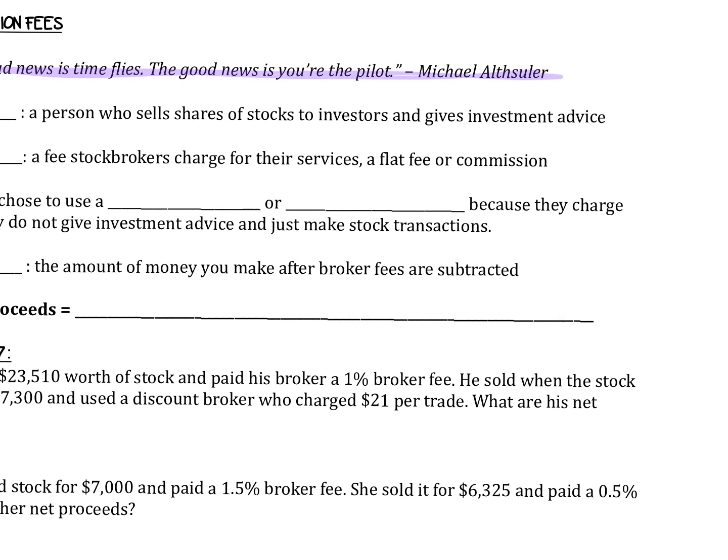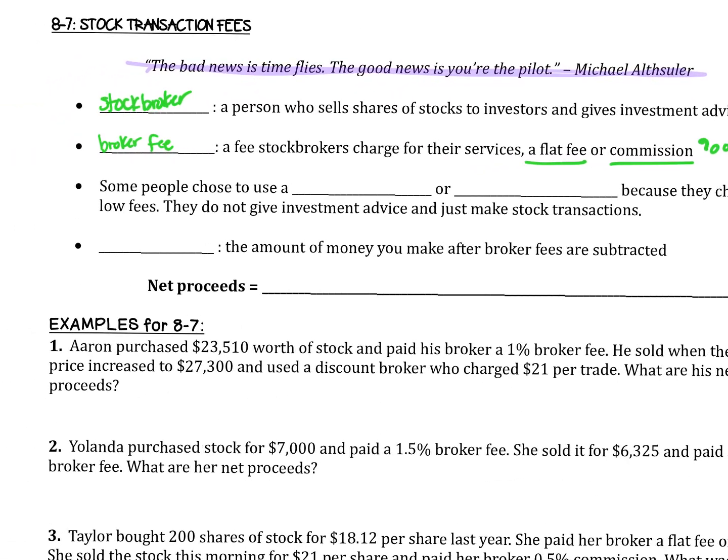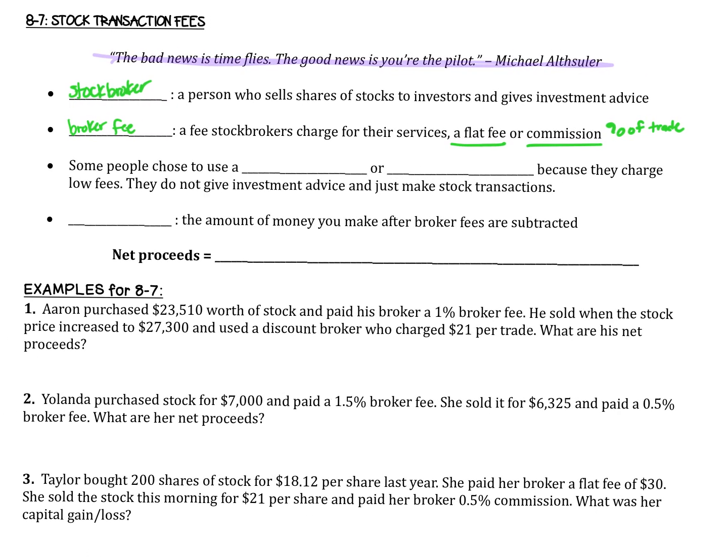So a flat rate just means, especially with a lot of the online stuff now, you just pay a flat fee of like $15 or whatever. If a commission, then that means it's a percent of whatever the trade is, right? Percent of trade, if it's a commission. All right. Some people choose to use a discount broker or an online brokerage firm because they charge lower fees, but they don't give the advice. They just make the transactions for you.